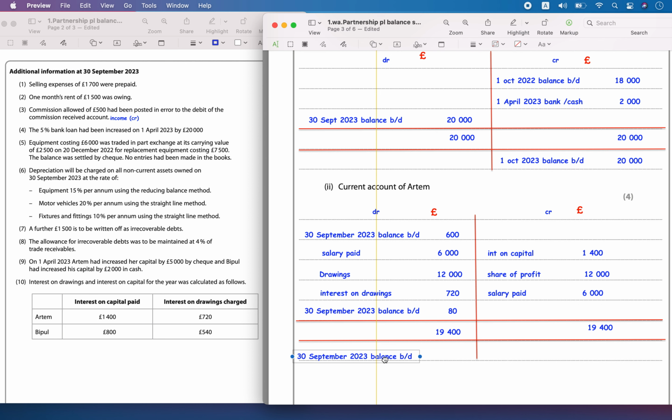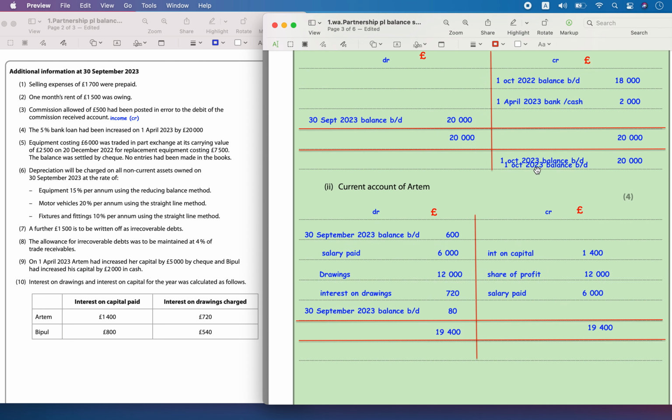So this will be the balance that will be brought forward on 1st October 2023. So that is equal to 80 for the current account.